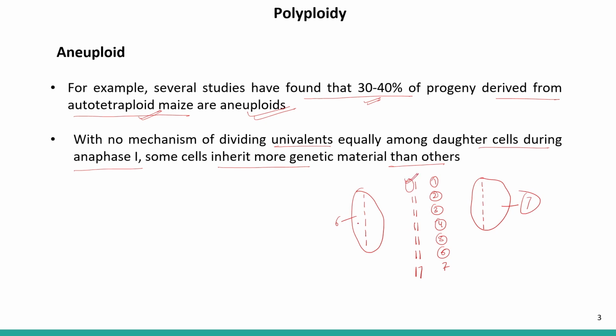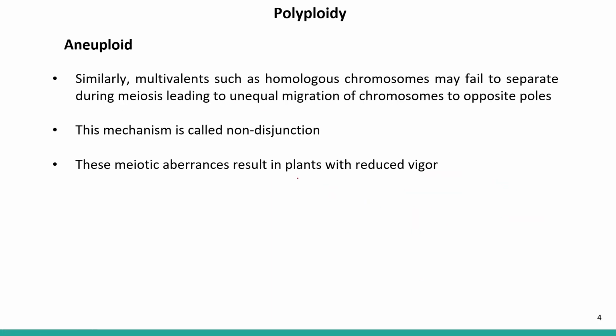Now when this type of gamete unites with the normal gamete and fertilization takes place, this particular chromosome will be less, and again there will be an unpaired chromosome. In this form the aneuploids are formed.